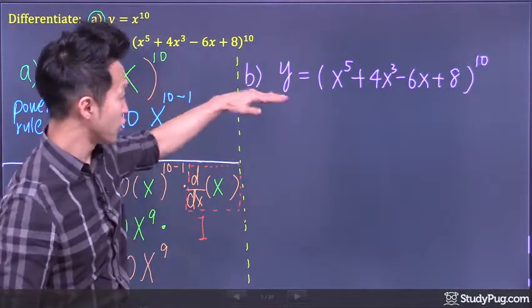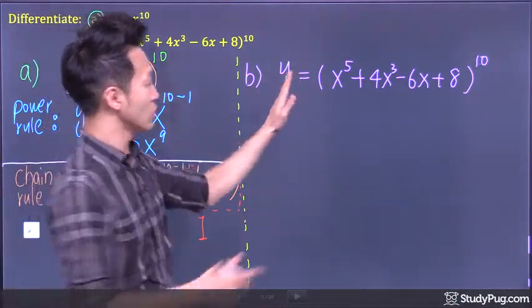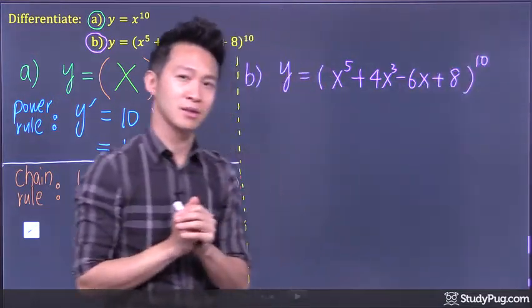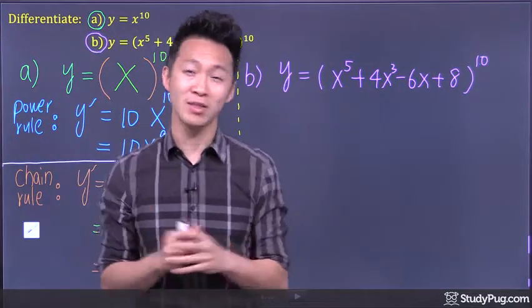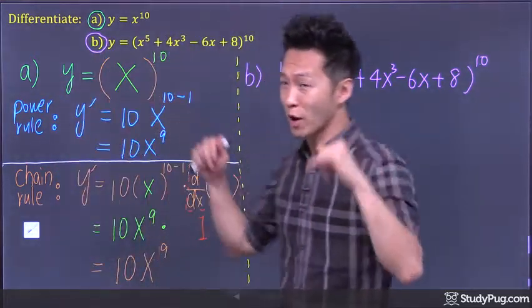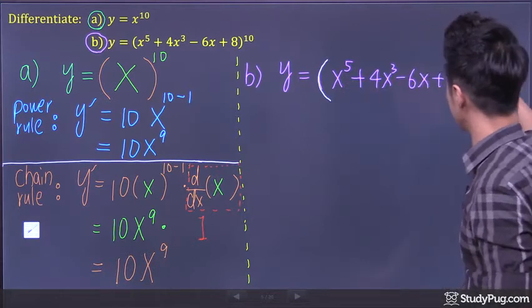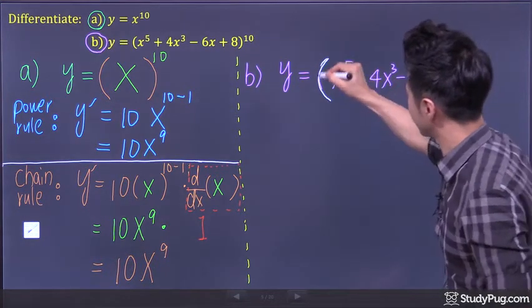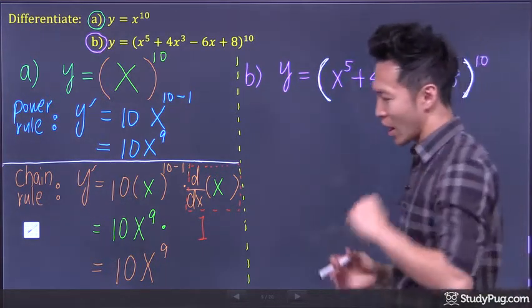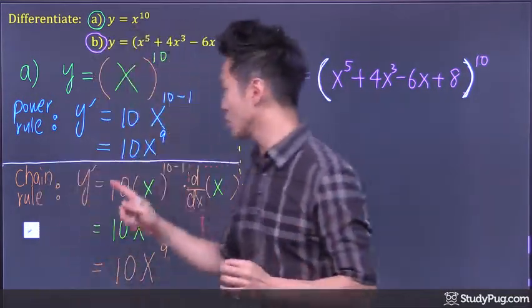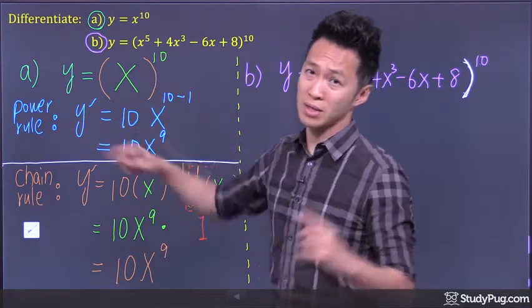Question B, differentiate the function y equals this polynomial to the power of 10. Now, to the power of 10, that means we're dealing with a power function. So what we want to do is, inside the power, let's put a bracket. Okay, now you got to ask yourself, are we going to be able to get away with not using the chain rule, like here, in this case?